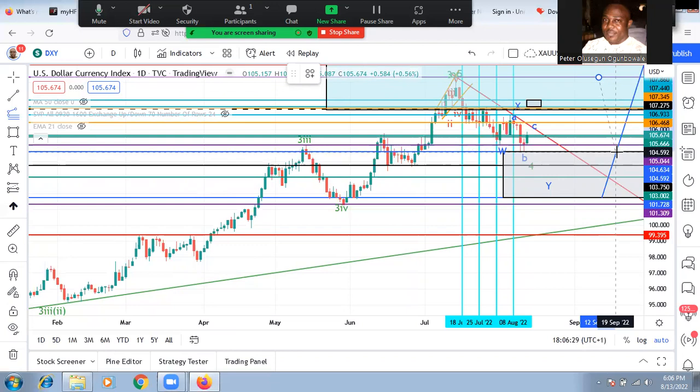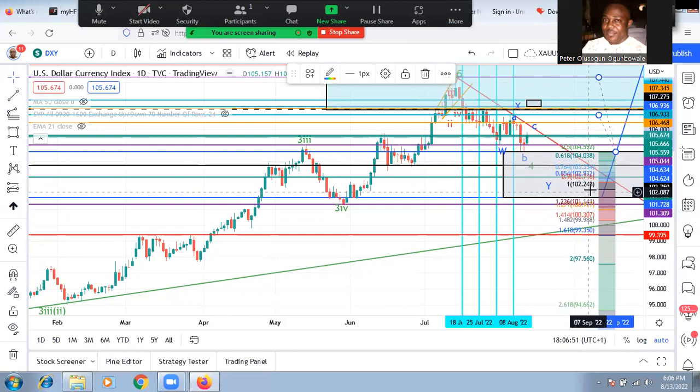This will now be a new low for W. For us to have this, which means that our Y might actually be at this level here. It might be going lower, push lower, very close, lower.